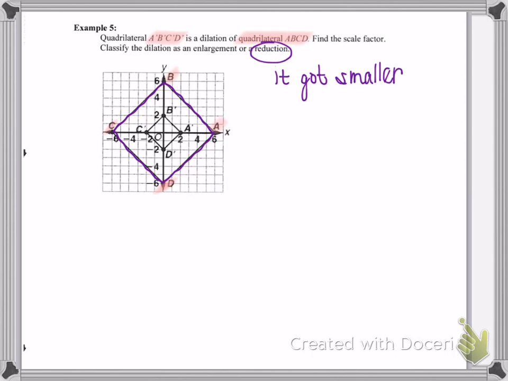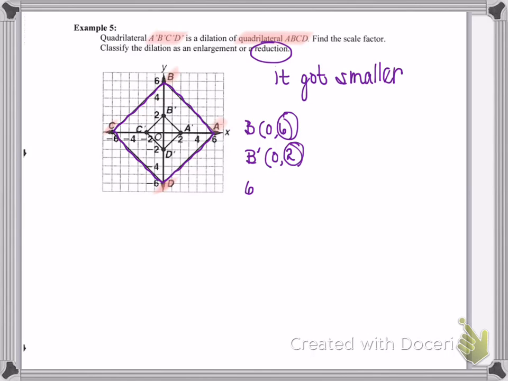And if you look at the original ordered pairs, like for instance, if I pull out point B and I look at it in the original figure, that was at the point 0, 6. In the new image, it went to the ordered pair 0, 2. So I have to think about what would make it go from 6 to 2, what would my scale factor be?